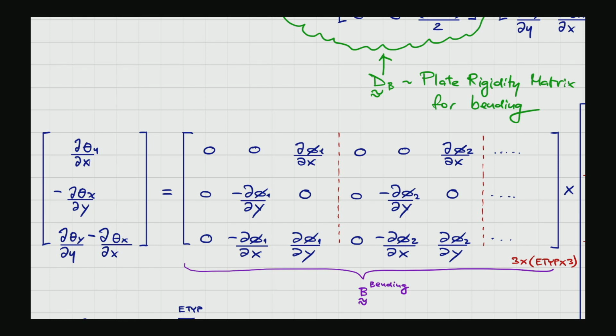So it is the derivative of shape function with respect to c times dc dx, and that's going to be plus as well.